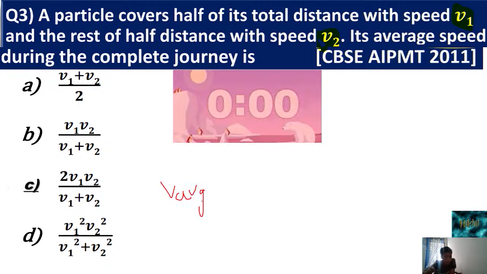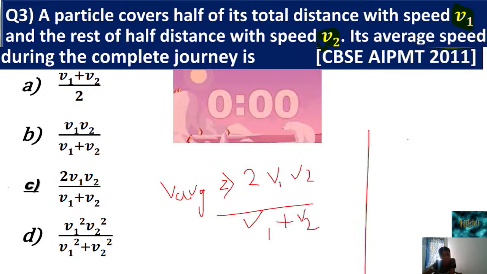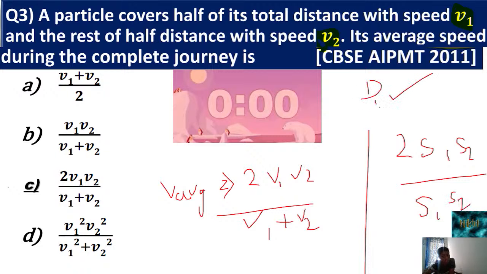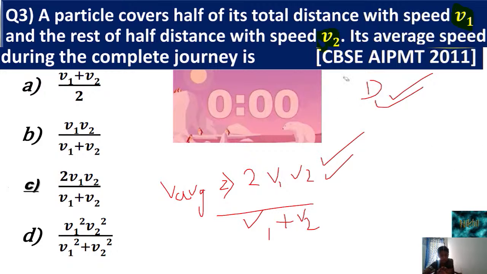We will say it will be 2 v1 v2 upon v1 plus v2. Most of you also know this formula. If the distance is given we used to have 2 s1 s2 upon s1 plus s2. Here distance is not given, that's why we use this formula.